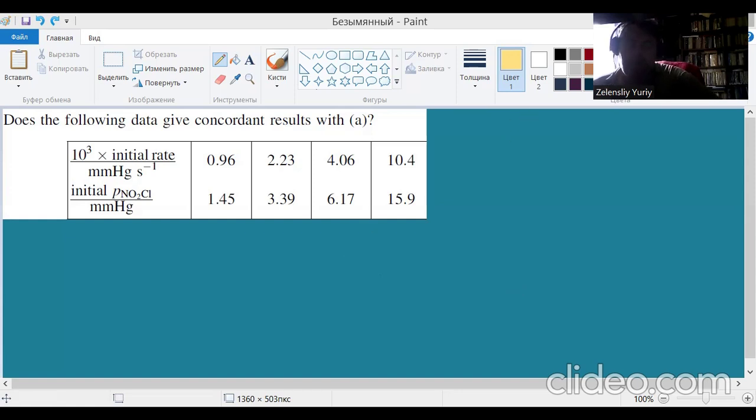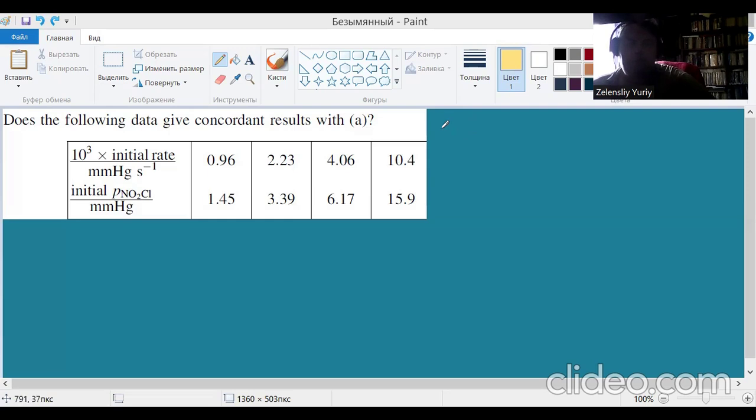So in order to answer this question, all we need to do is just to calculate K's for each case, and if K is close to the one which we have just found, we have calculated it in part A, in this case, the answer is positive. Let's do that.